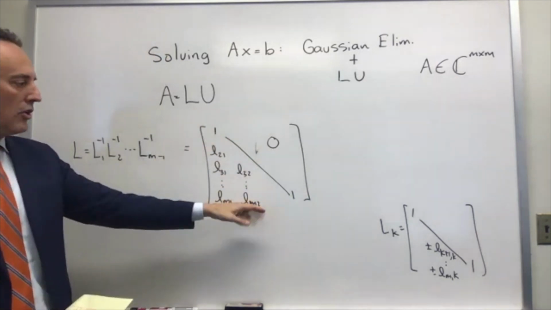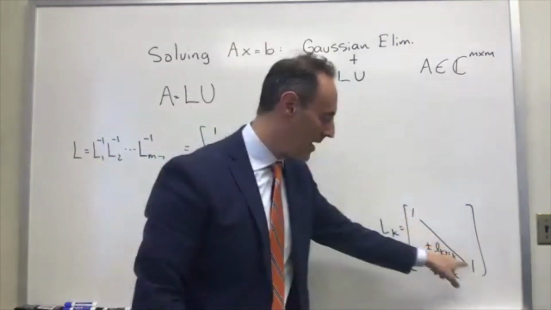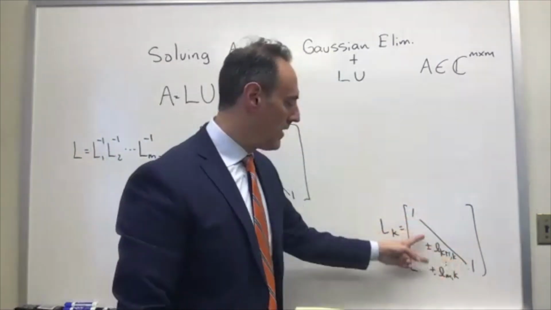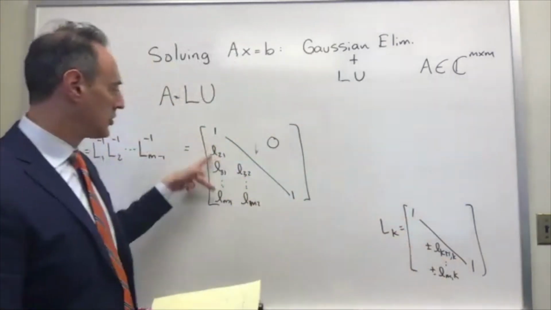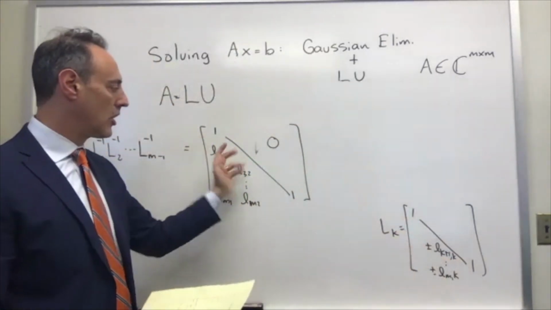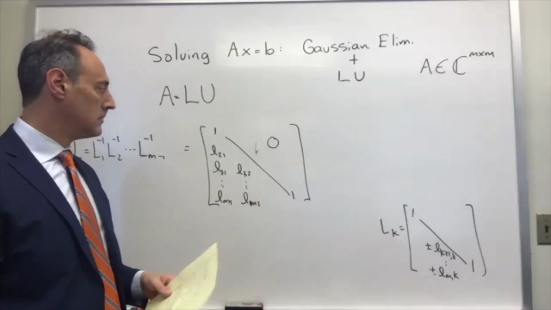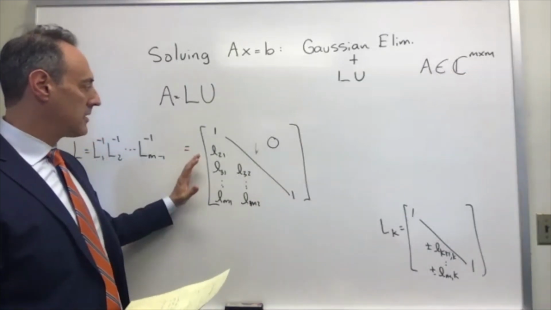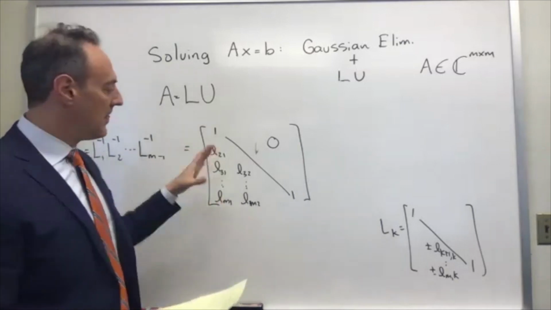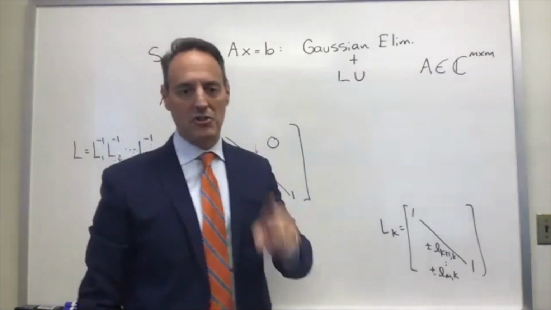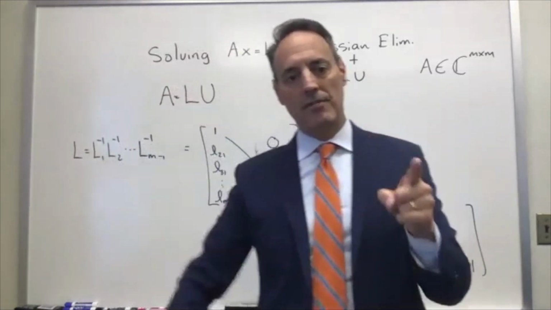Ones on the diagonal, because you've constructed it that way. And then these off-diagonal entries show up in each single column below the diagonal. So this is your matrix L. This is the matrix that is doing Gaussian elimination for you.